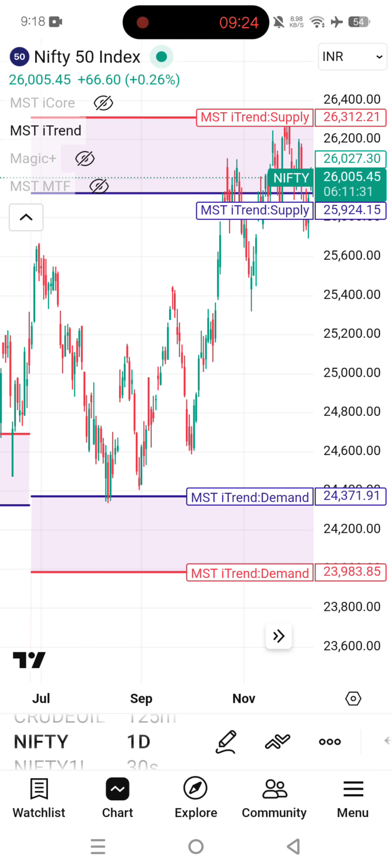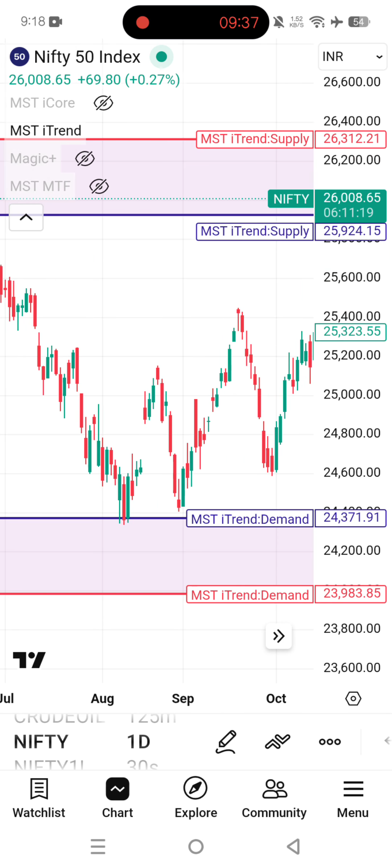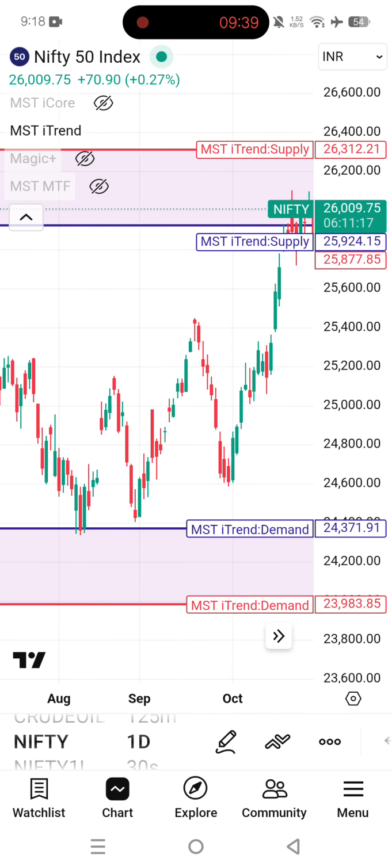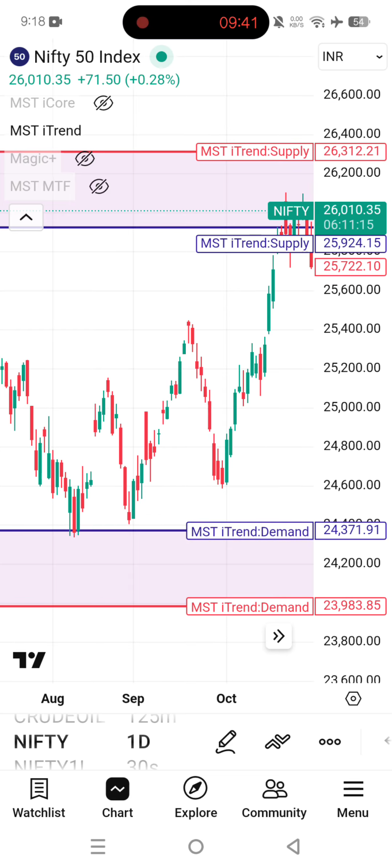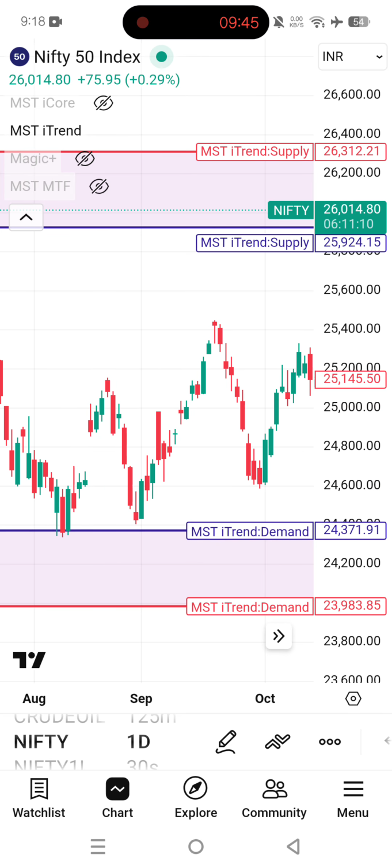Exactly, the market has fallen from 25,700 something to 24,371. No one will dare to buy at this level, but our indicator is showing a buy, and we are also not going to buy blindly. We'll wait for one green candle, and once the high of that candle is broken, then we go for the buy entry.